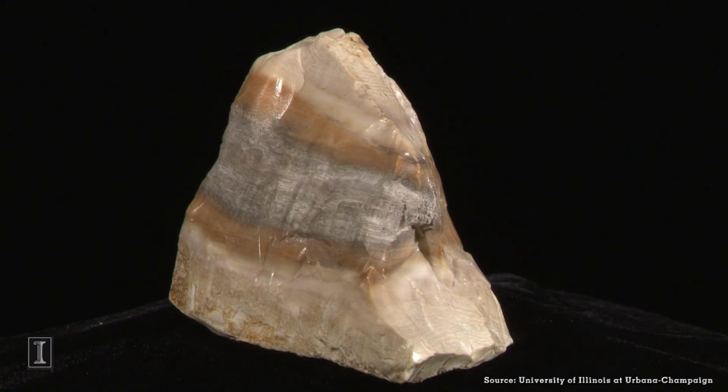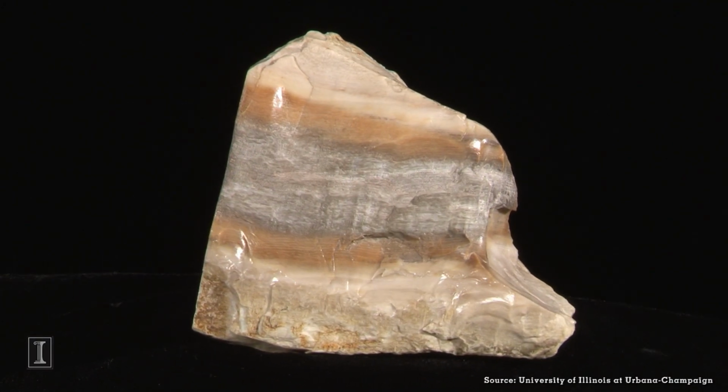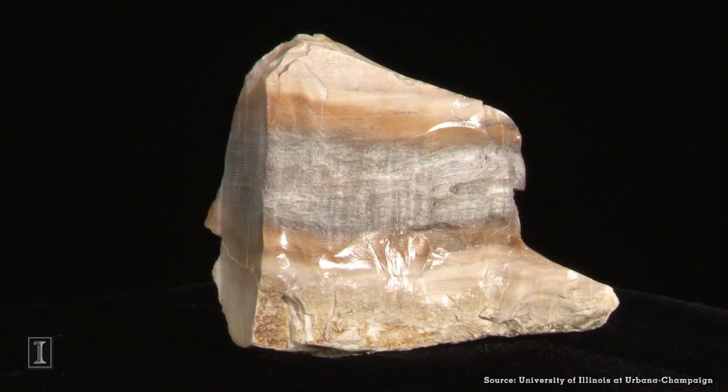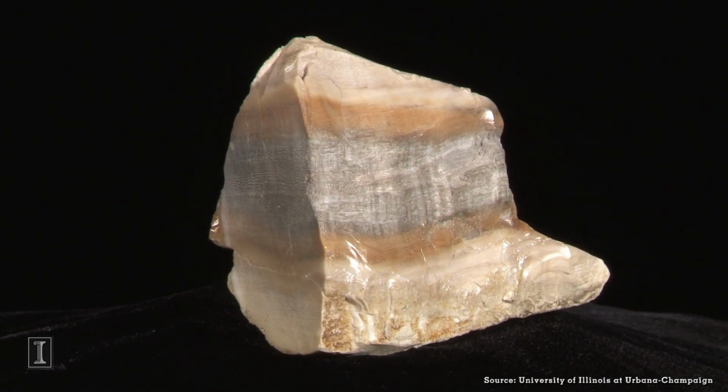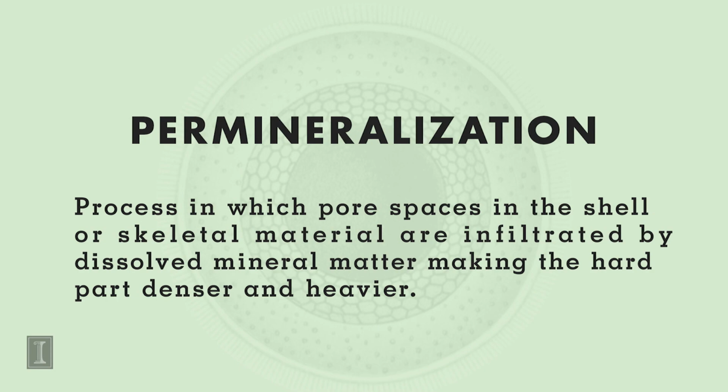And so that fossil actually ends up quite heavy. Sometimes you can see little crystals growing in the pores. It maybe takes on a different texture. It's shiny, it feels like a rock. And so you can start to get some information about what this mode of preservation was, and we call that permineralization, when a mineral has grown in the pore space of an original part of that organism.